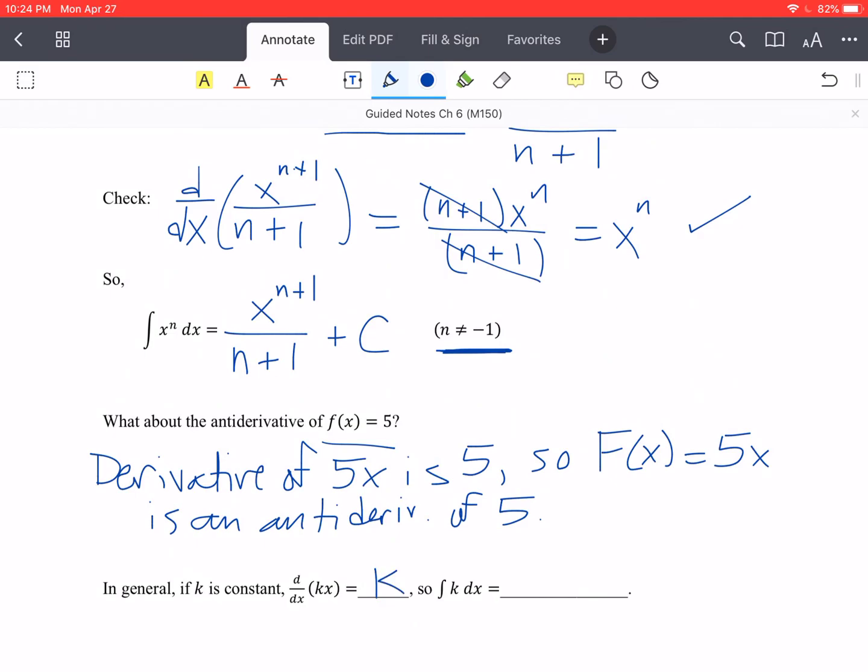So the integral of k dx is kx plus c. So if we take the integral of k, just some number, some constant, we get k times x, and then plus that constant c.